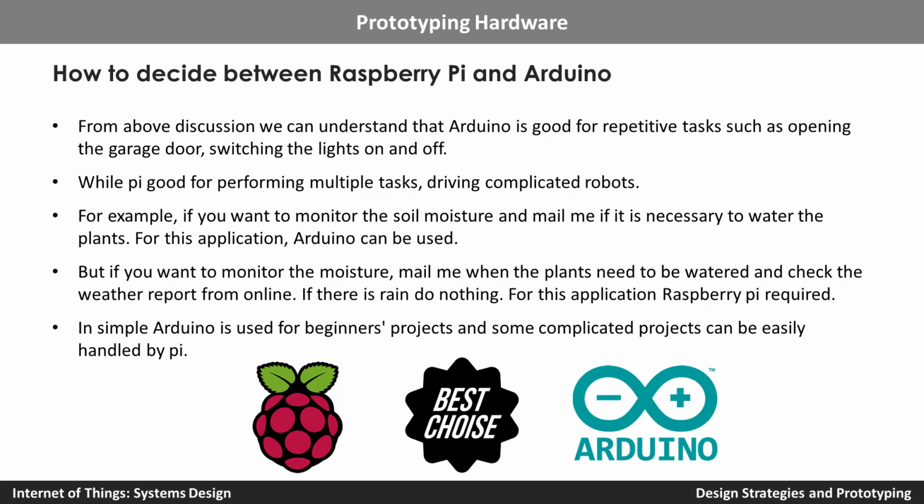Raspberry Pi, on the other hand, is good at more complicated computation like video analytics or machine learning algorithms. However, you might also notice that if you search on machine learning, both platforms have the ability to perform a certain amount of machine learning.